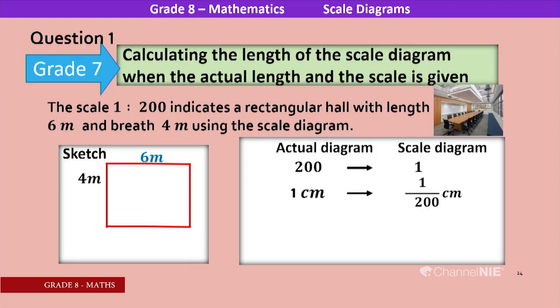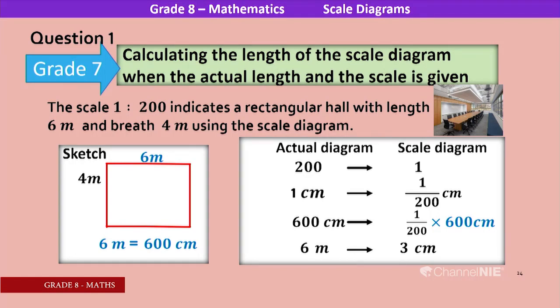This amount should be multiplied by 600, this amount also multiplied by 600. After converting 6 meters into centimeters, 600 centimeters, 1 over 200 multiplied by 600. Then 6 meters means 3 centimeters. You can draw this line in the scale diagram as 3 centimeters.